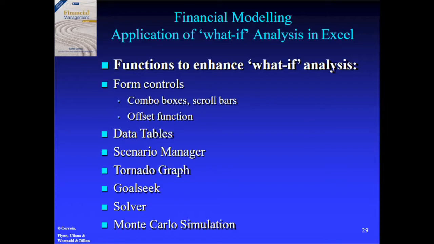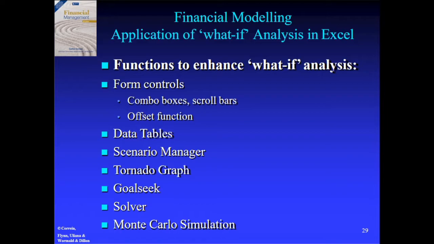Tornado graphs. The use of a tornado graph is very effective at displaying the relative impact of a change of an input variable on the final result. This may be modeled within Excel, or it is possible to employ an add-in to Excel. GoalSeek is also an effective tool in Excel which works backwards from a result to change an input variable.